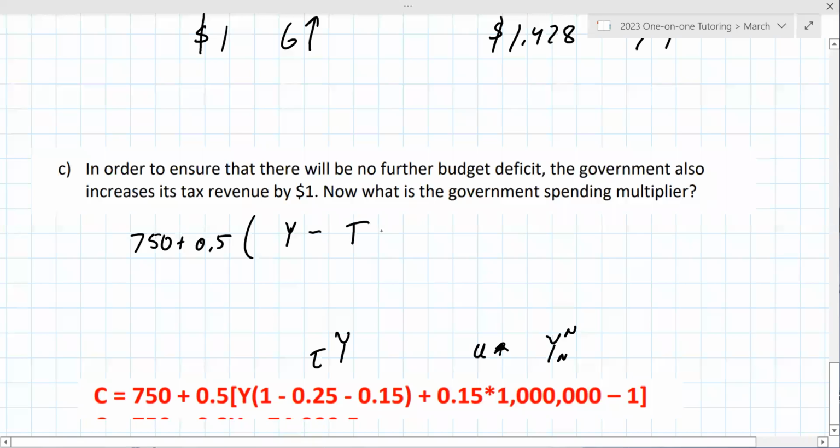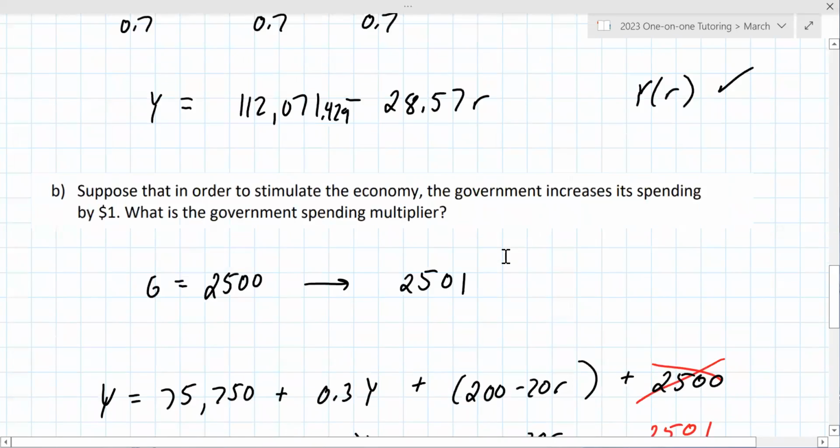It's the T minus 1 minus TR. There it is. I didn't catch that. I apologize. So Y is still Y. T is still tau times Y minus 1, plus, why is that sign wrong? Let me go back and look at this from the previous one.